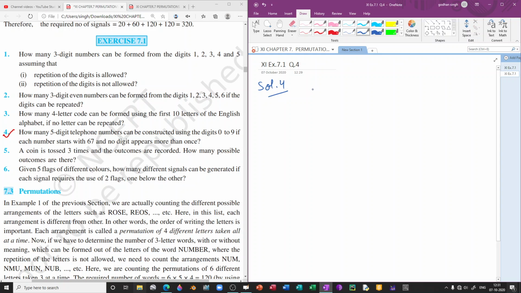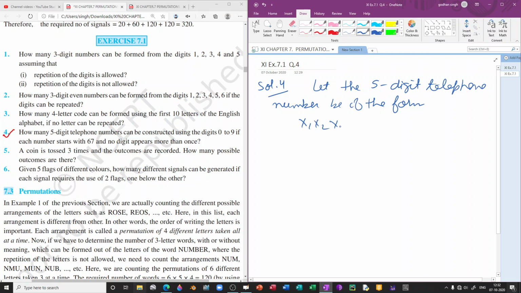solution of the fourth one. Let the 5-digit telephone number be of the form x1, x2, x3, x4, x5. Now it says that the first two digits of the telephone number should be 6 and 7.